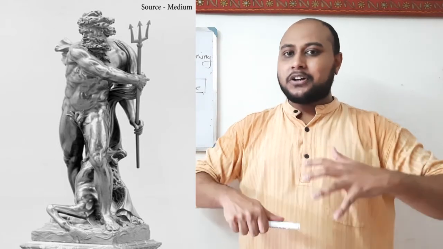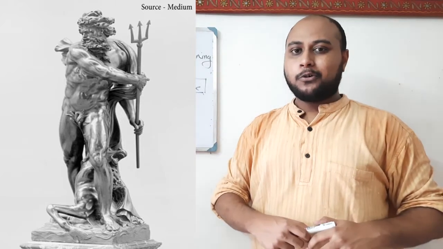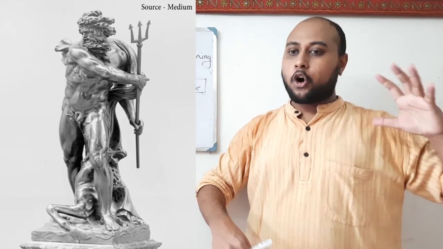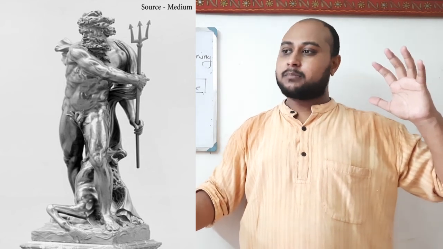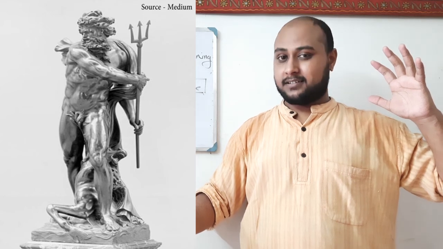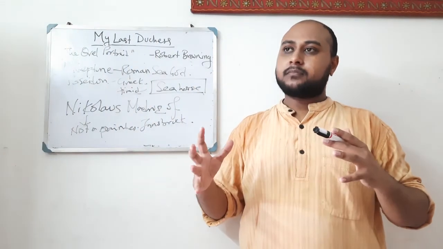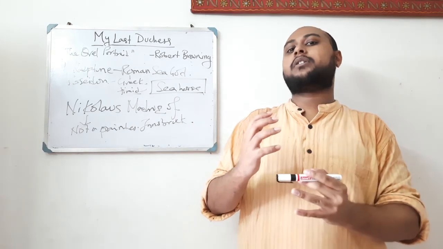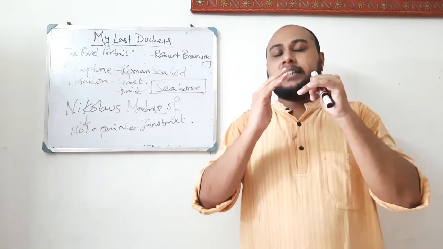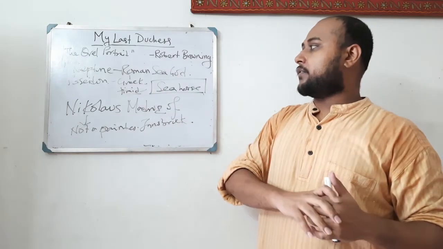The Duke is like Neptune, who will control this timid creature no matter what. And if he cannot control, he'll just make sure that the creature doesn't exist. Right? So the character of the Duke gets a closure in this last reference that we have here.